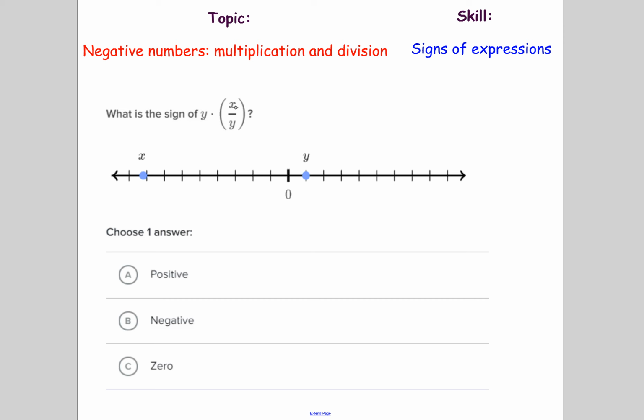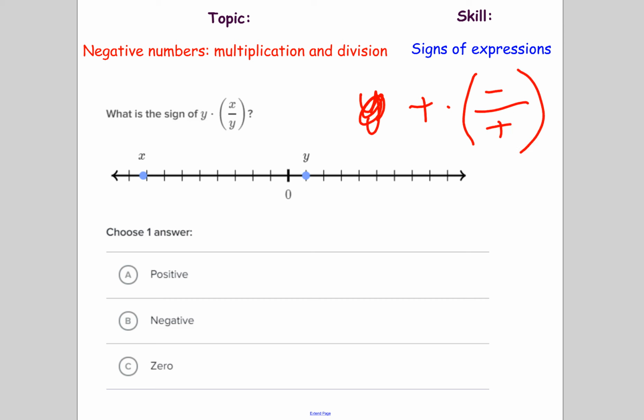That's bad, right? How about this one? Y times X over Y. All right. Well, let's think about this. Y is a positive number, and X is a negative number. So we're going to follow the order of operations just like we would. This is Y. We're going to replace Y with a positive sign times, in parentheses, X, which is a negative, divided by a positive.